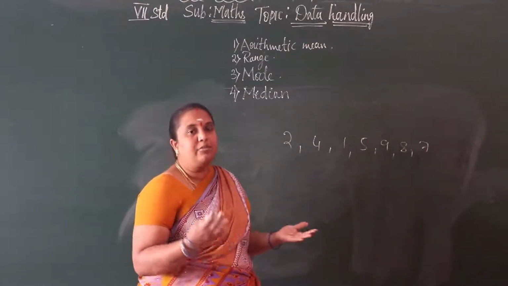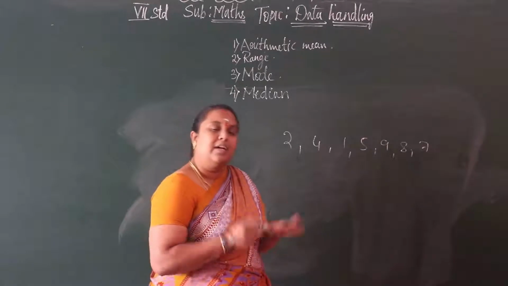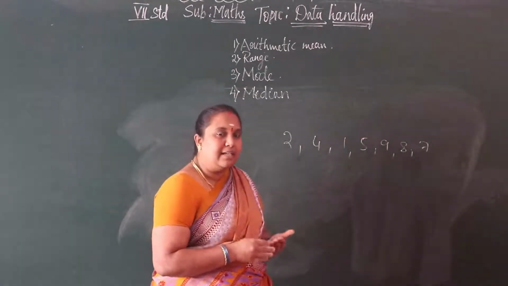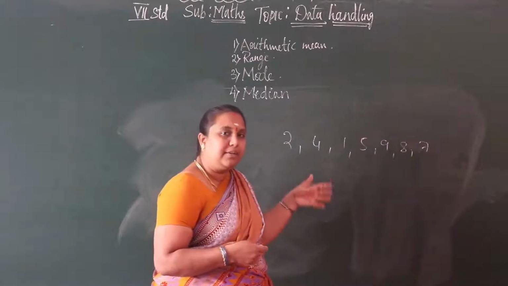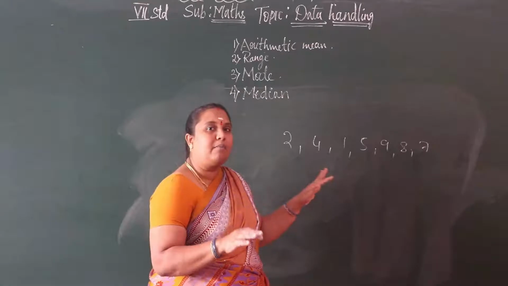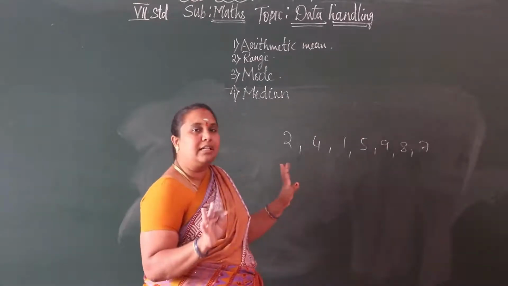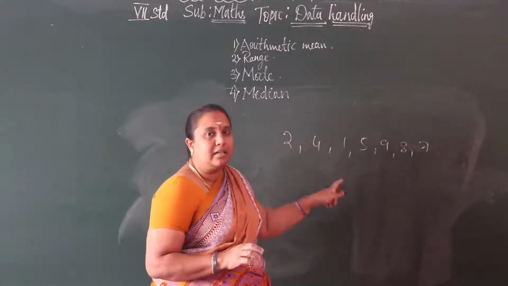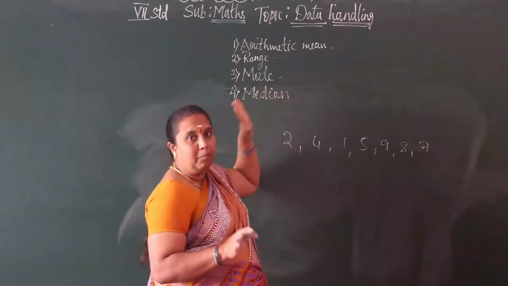Otherwise, writing in ascending or descending order is also correct. In mode, if we write in ascending or descending order, that is correct, and if we do not, that is also correct. But we have to write the repeated number in the given data. That is the main thing in mode.